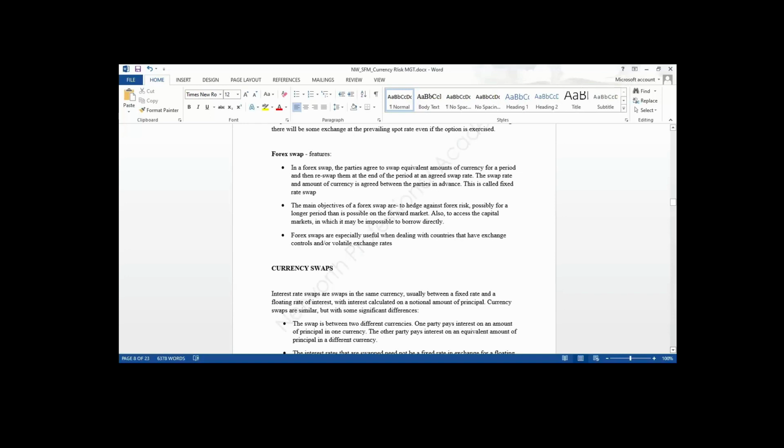The objective is to protect against exchange rate fluctuation.